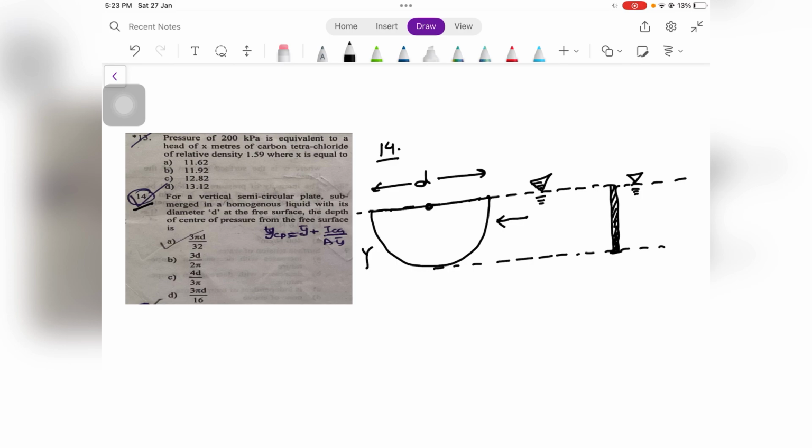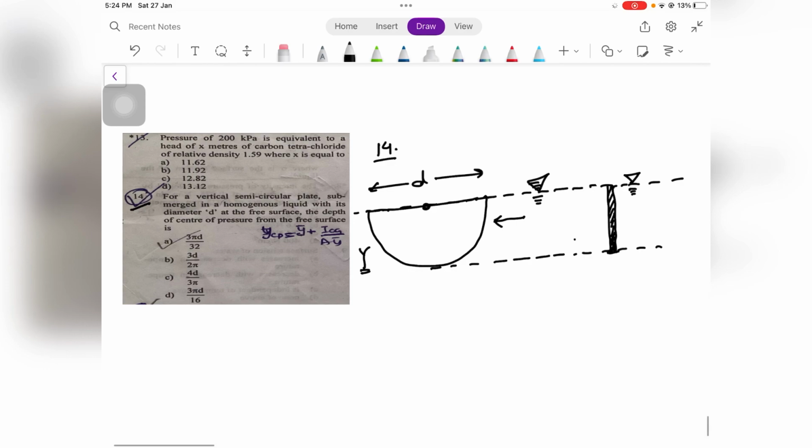Now, since this plate is submerged vertically in this homogeneous liquid, there must be a point where it feels all the pressure acting because of this liquid on it. It's submerged in a liquid which is static, so there is a hydrostatic pressure acting on this plate.